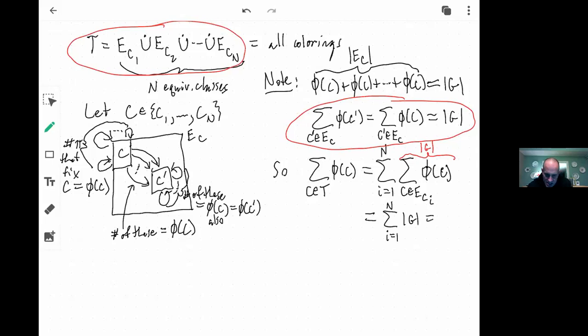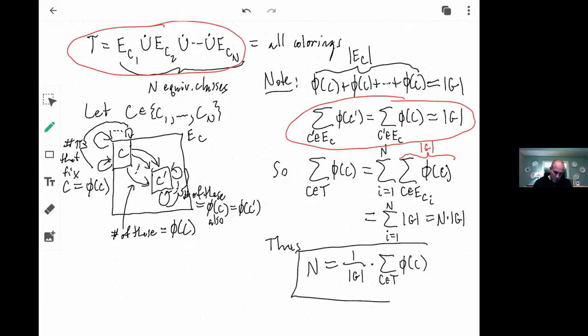This is just going to be N times the size of G. Thus N, the thing that we wanted, the number of equivalence classes, is equal to 1 over the size of the group times the sum over all possible colorings of phi of C.